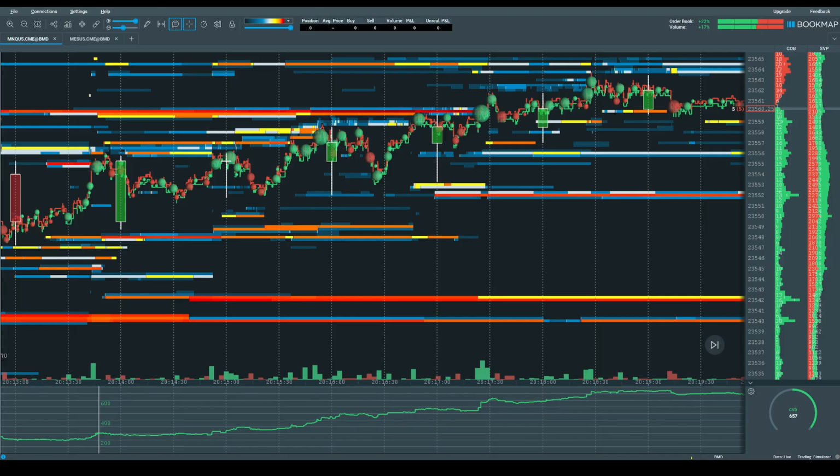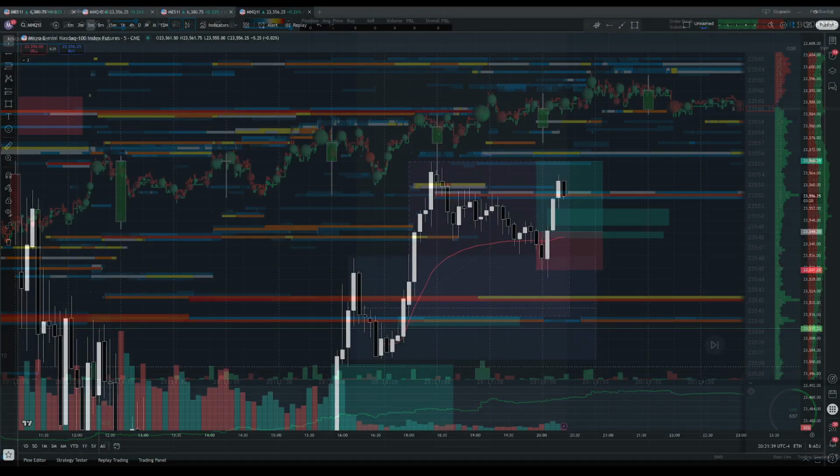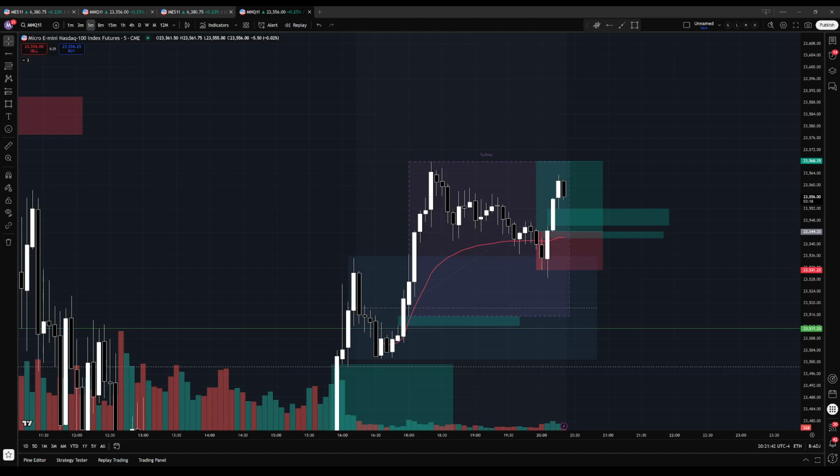Let's take another view. We'll come back into TradingView and see if we can get to the top of that range.